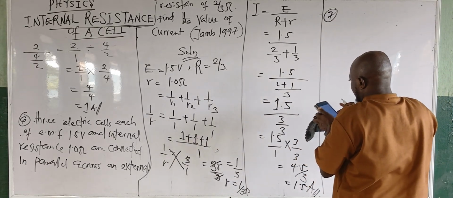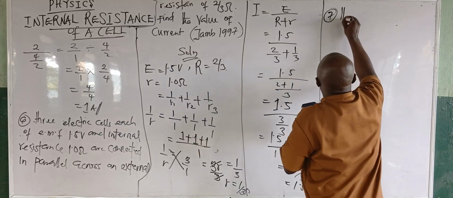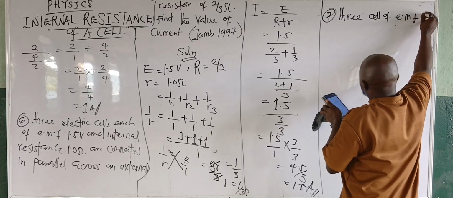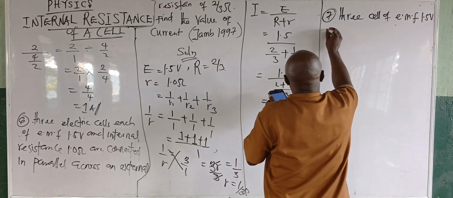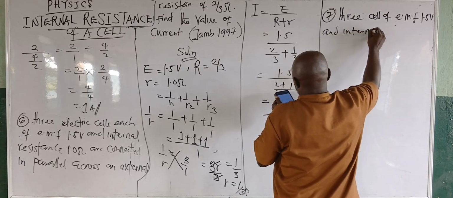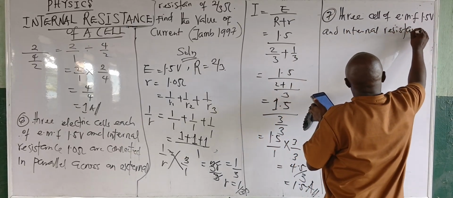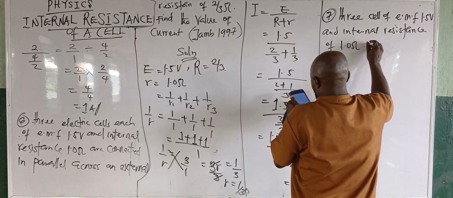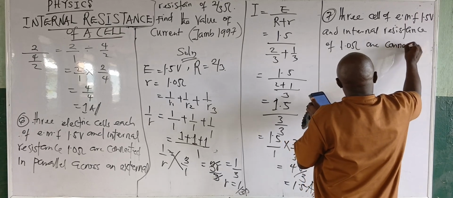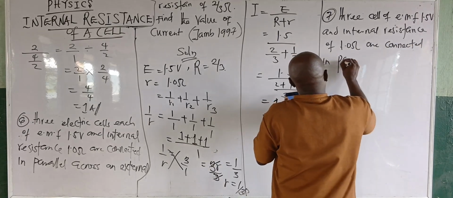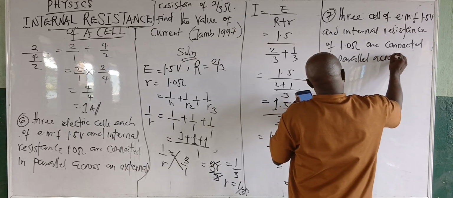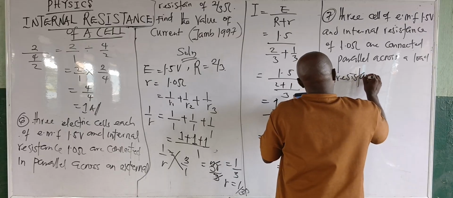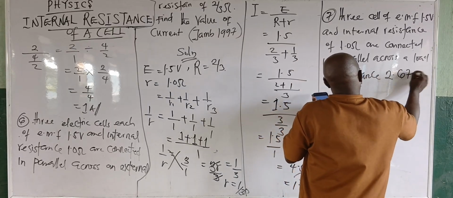Number 7 question. Here, we are told that three cells of EMF 1.5 V, very important, and an internal resistance of 1.0 ohms are connected in parallel across a load of resistance 2.67 ohms.